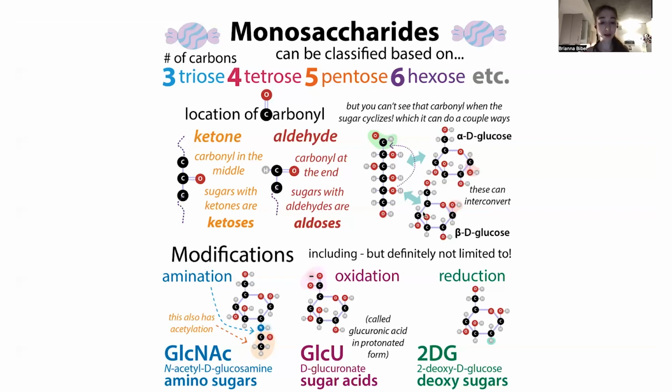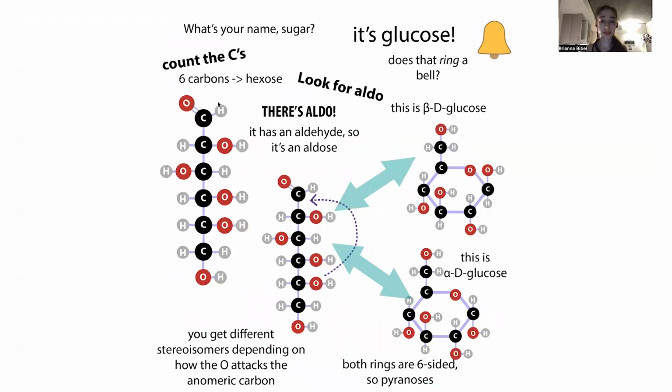So when we think about glucose, it's a hexose because it has 6 carbons and it has an aldehyde, so it's an aldose. Sometimes you see it in this linear form, and sometimes you see it in this ring form. When you are dealing with these complex carbohydrates, we're going to see it in these ring forms.